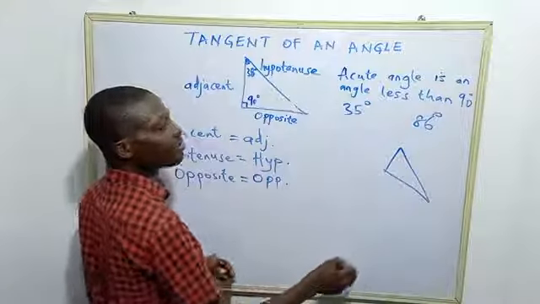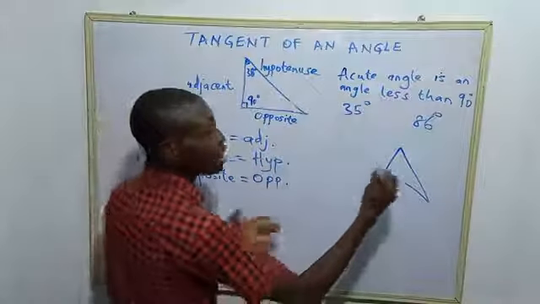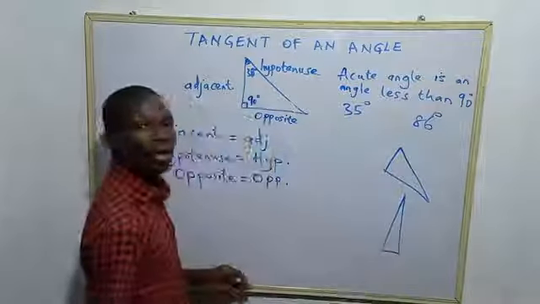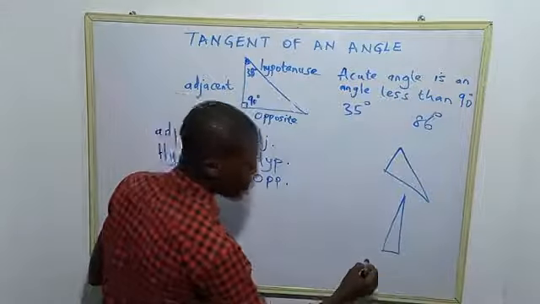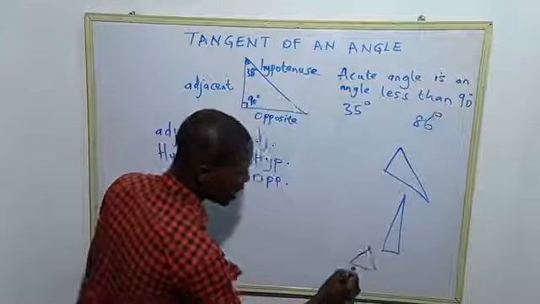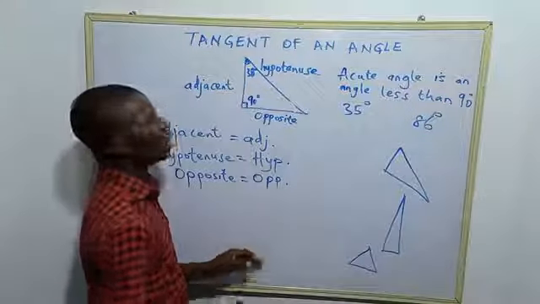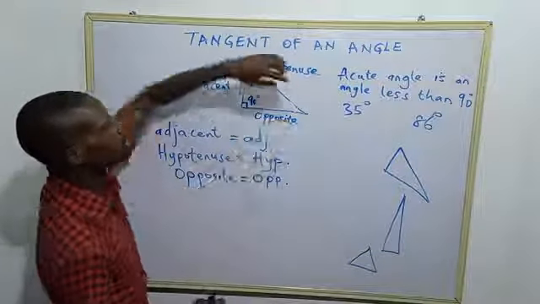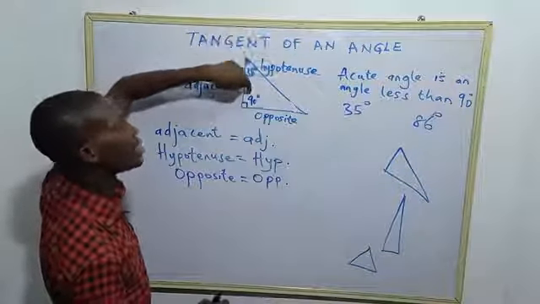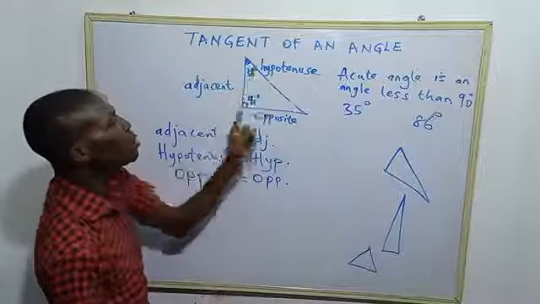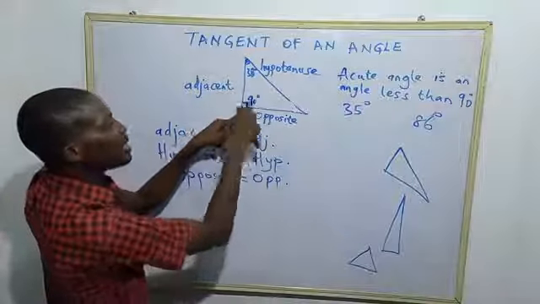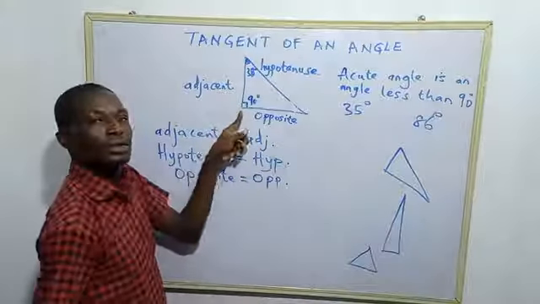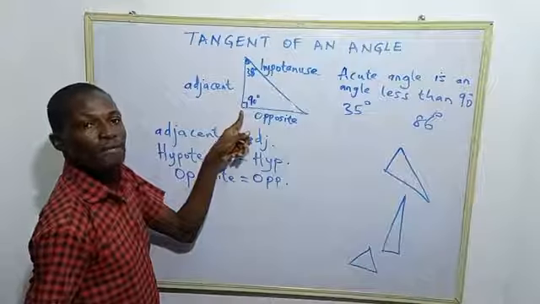We have isosceles, where two of the three sides are equal, and we have equilateral, where all the three sides are equal. So we are not talking about those ones. We are only talking about the right angle triangle, and what makes a right angle triangle is that one of the three angles is 90 degree. Exactly. Okay, thank you.